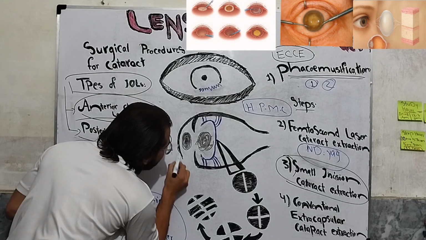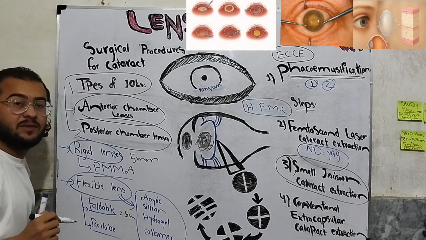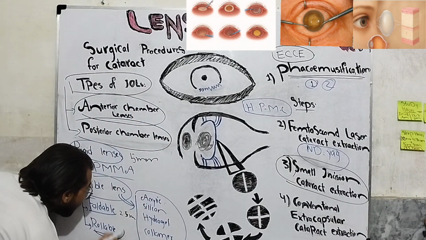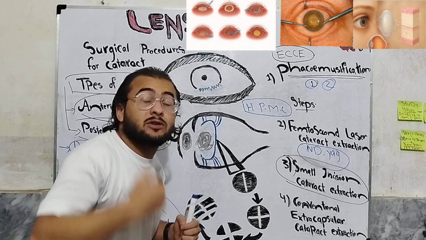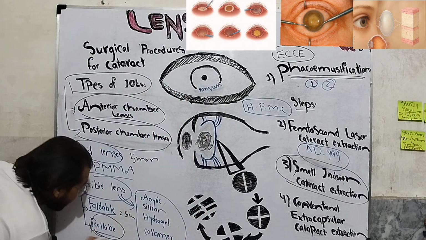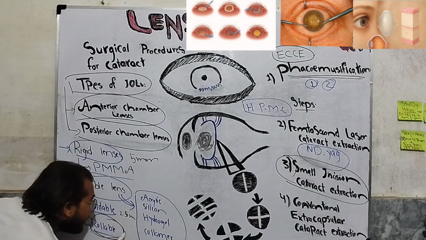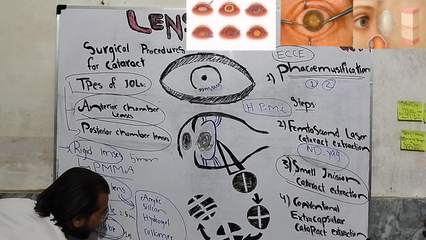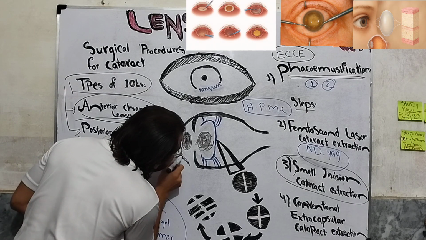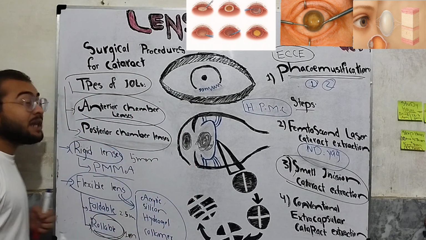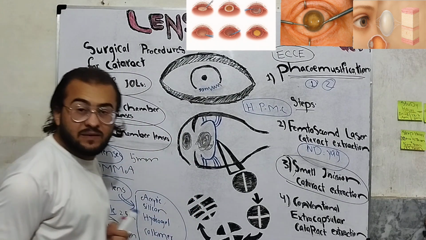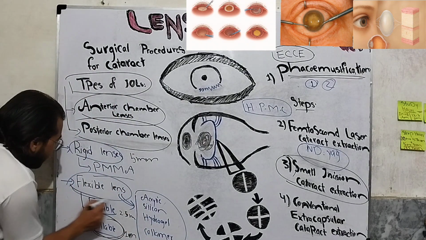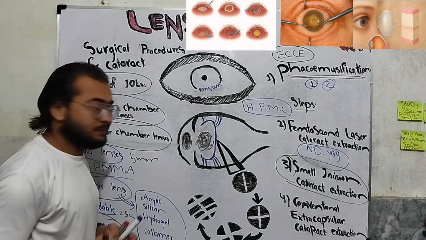So a small incision is required for the foldable lens, and the rollable lenses are so ultra thin that they can be injected even through a 1 millimeter incision in the cornea. So flexible lenses can be foldable and rollable.